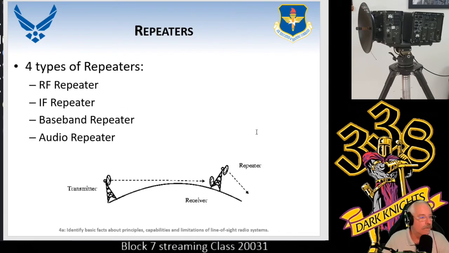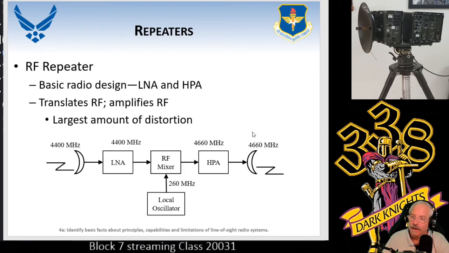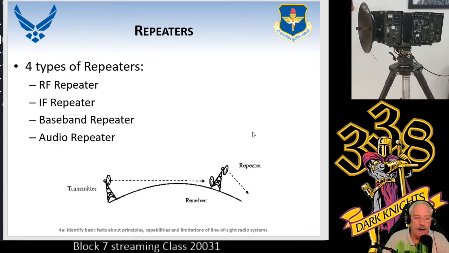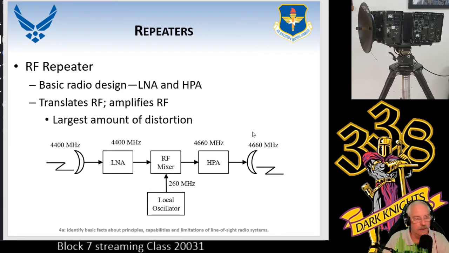So those are the 2 things. Now, there are 4 types of repeaters that we go through. It's the RF and the IF, baseband and audio repeater. But the 2 that we look at are the RF and IF repeaters.